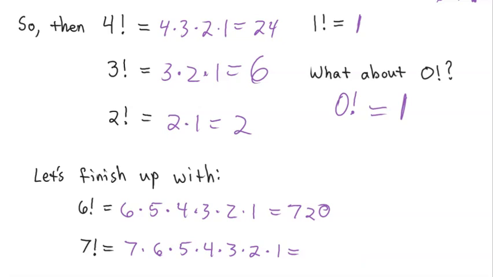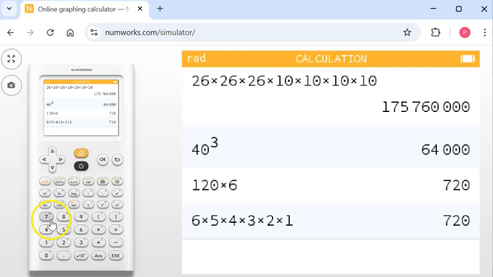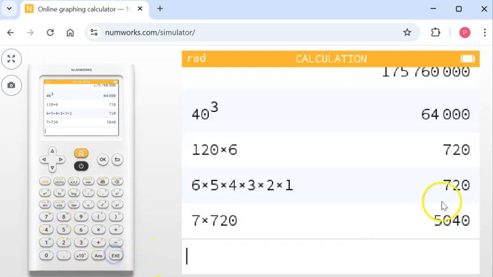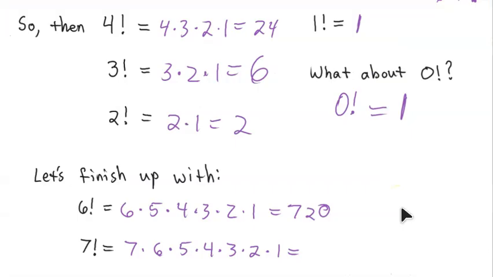And that's one of the great things about factorials: you can break them up into other factorials, okay? So it's 7 times 720. And 7 times 720 is 5,040. Let's just make sure. Let's do 7 times 6 times 5 times 4 times 3 times 2 times 1. And that gives us, sure enough, 5,040. And so 7 factorial is equal to 5,040.